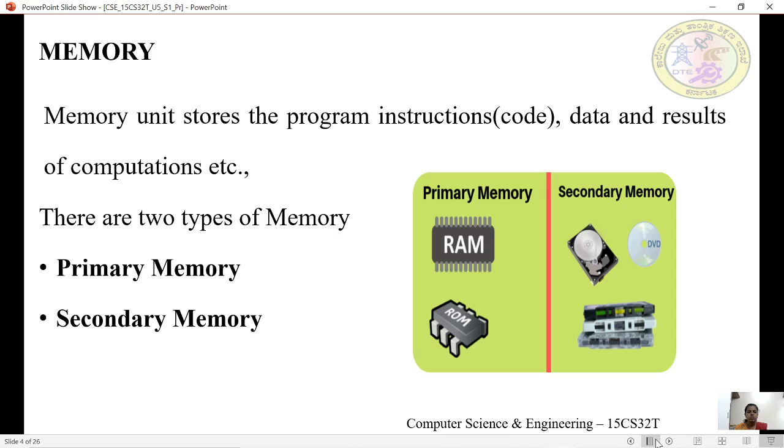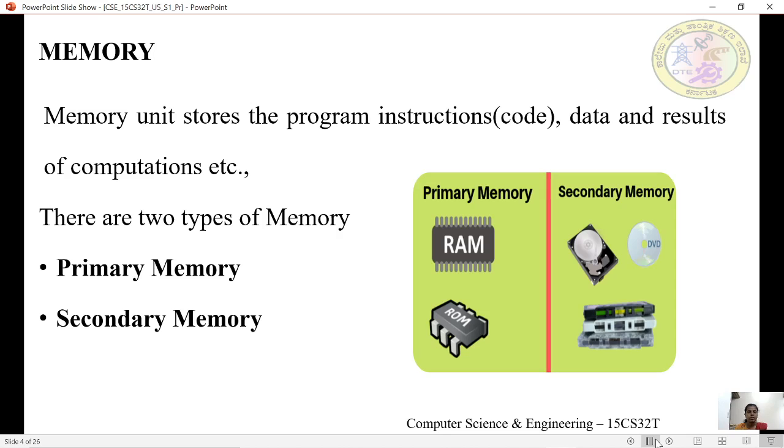Memory is used to store program instructions, data and results of computation, etc. That's why we store all the data, characters, information, operands and any results, whatever information is required for further operation. All this information is stored in the memory.